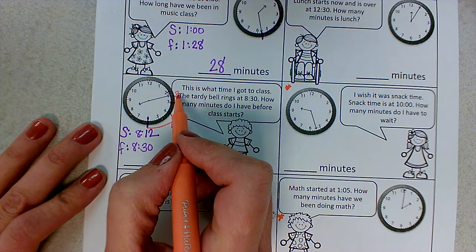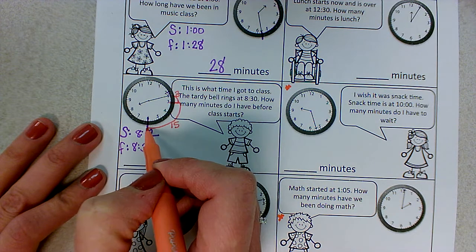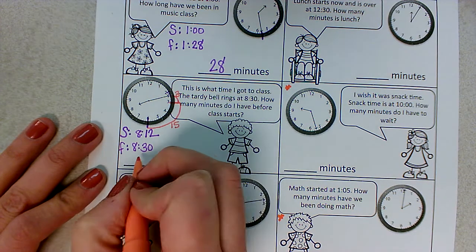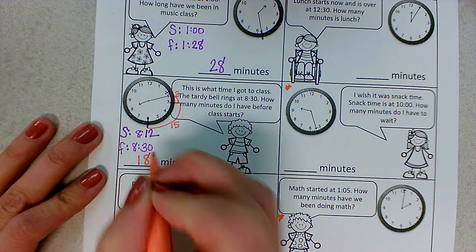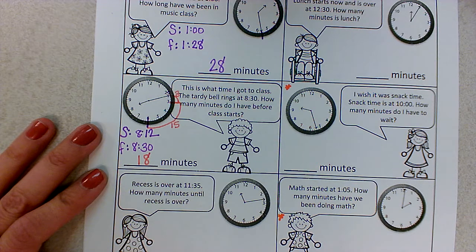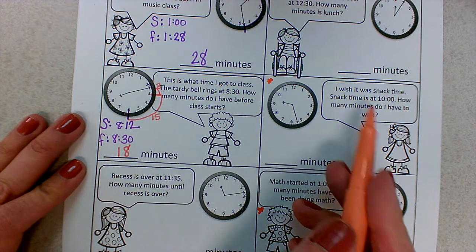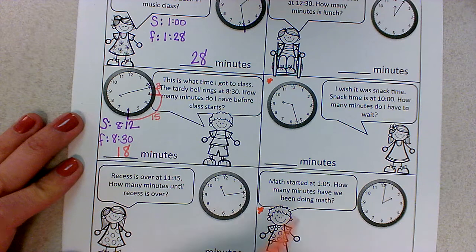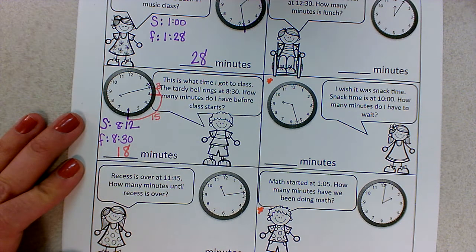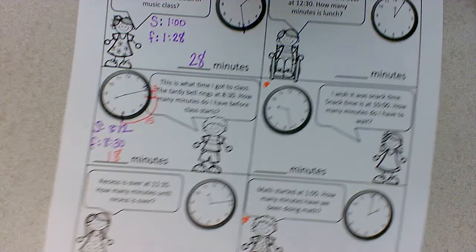So I had 3 minutes here, and then I had 15 more minutes, and that gives me 18 minutes left. Okay, so one way that you're going to do it is by looking at our clock and answering. You'll have these two problems to decide how much time to answer that question.